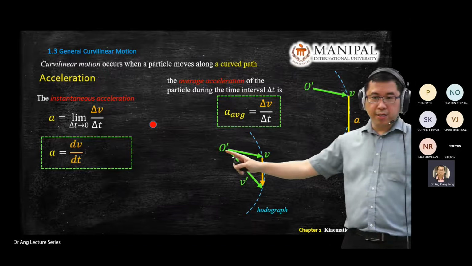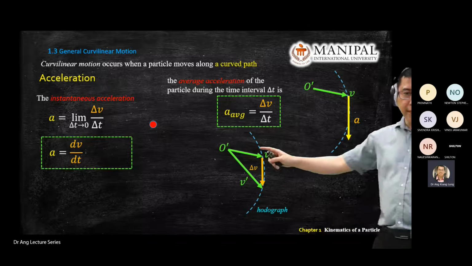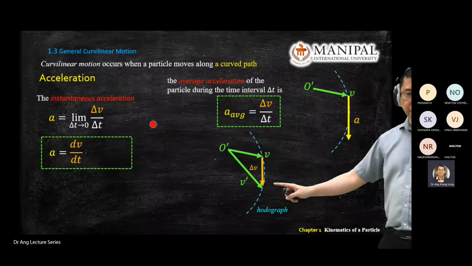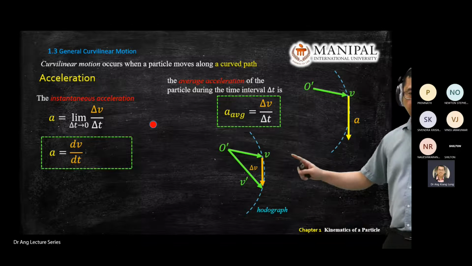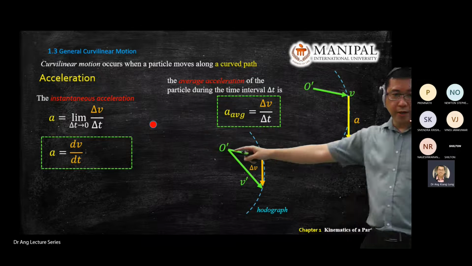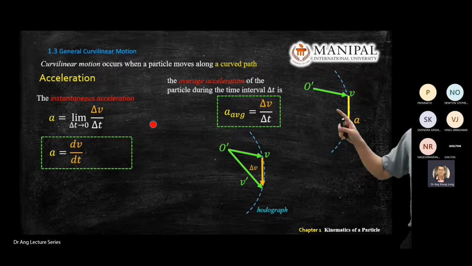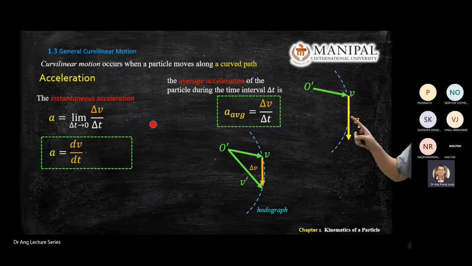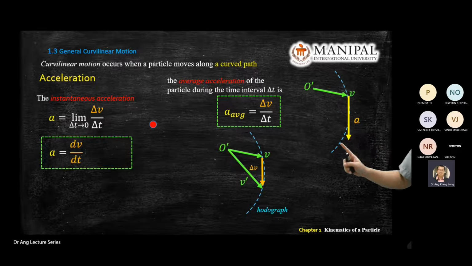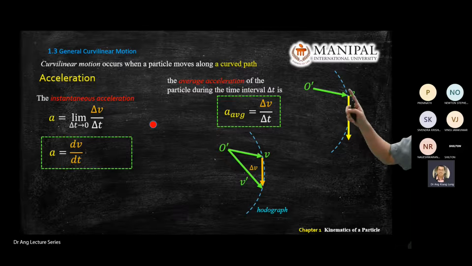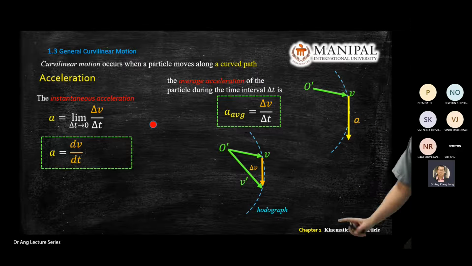I label as O prime, and this O prime contribute to the curve of your hodograph. And when we talk about instantaneous, it means this acceleration will be a tangent to your hodograph or tangent to your imaginary curve.